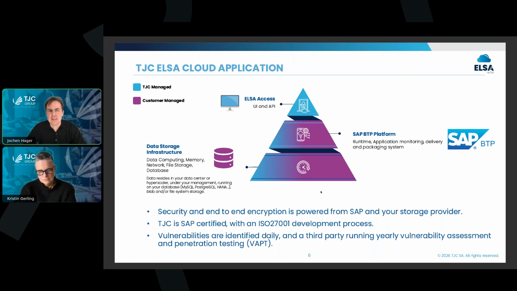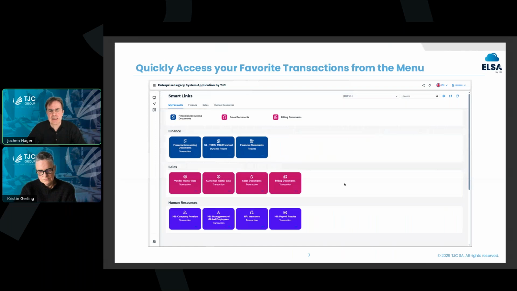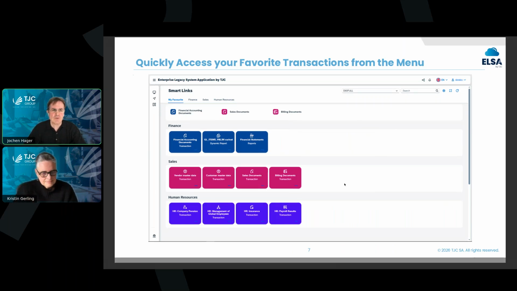The application itself is organized into business areas. We have transactions for financial accounting documents, for vendor master data, for customer master data, sales documents, billing documents, all the major applications you have in your SAP environment will be in a lookalike form available in your ELSA decommissioning platform.